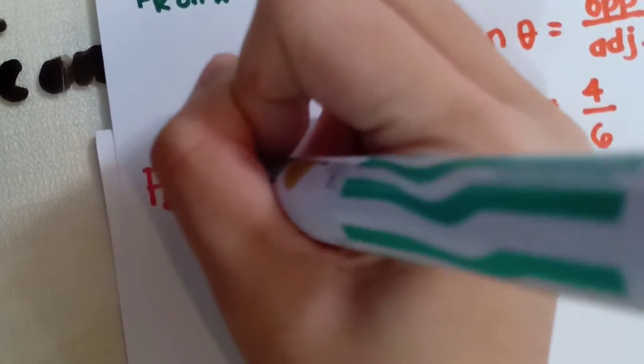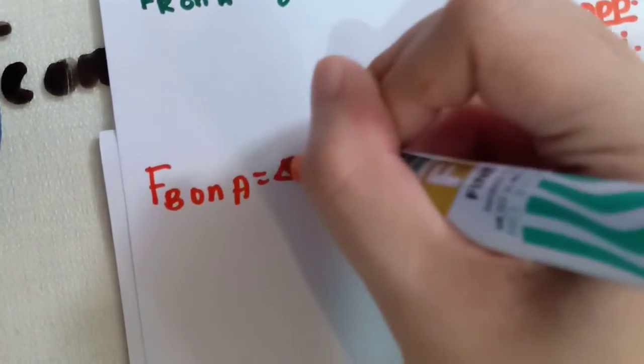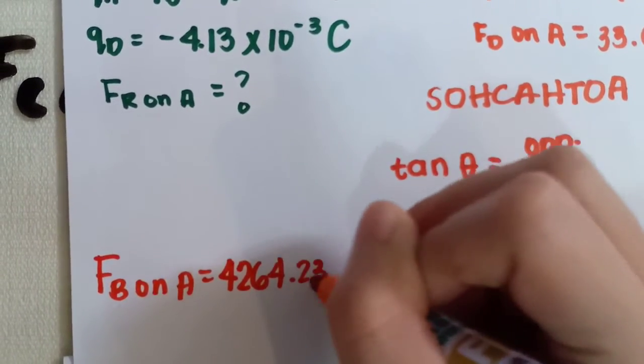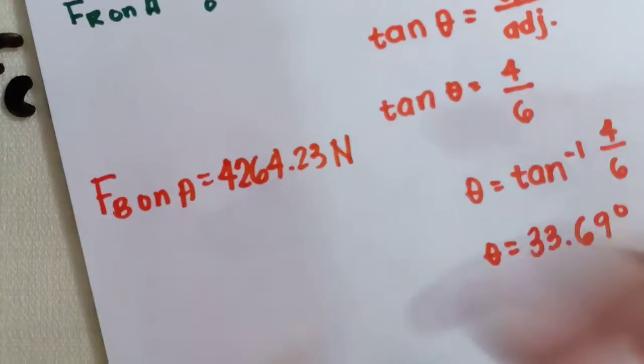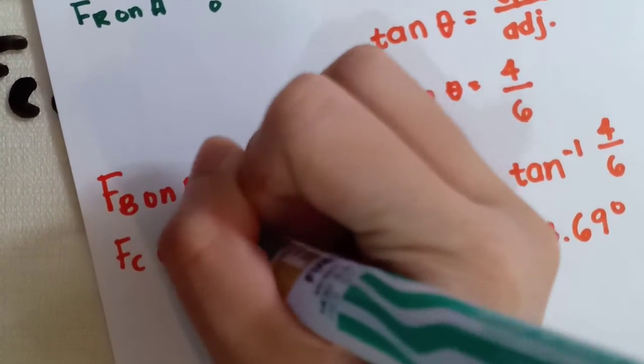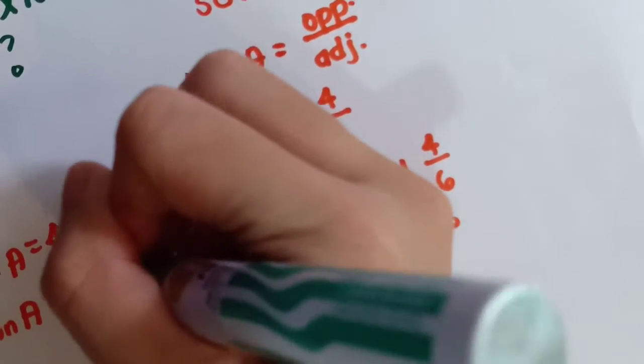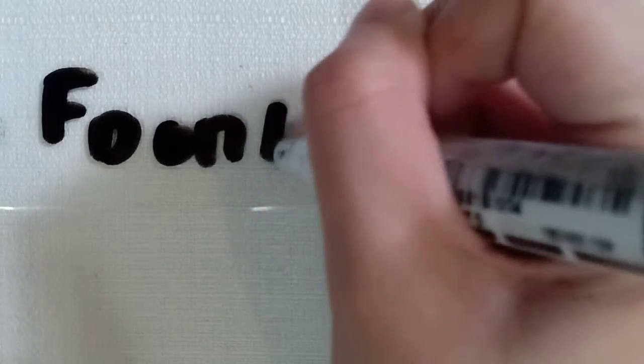So FB on A is equal to 4264.23 N. And FC on A is equal to 9594.51 N.